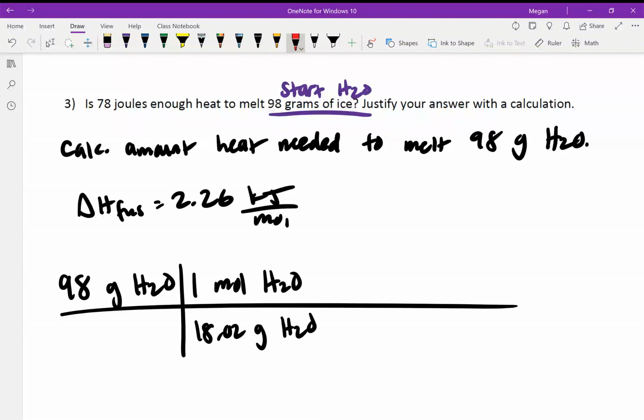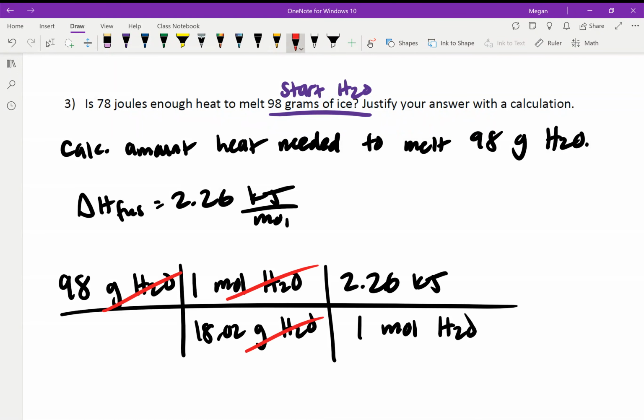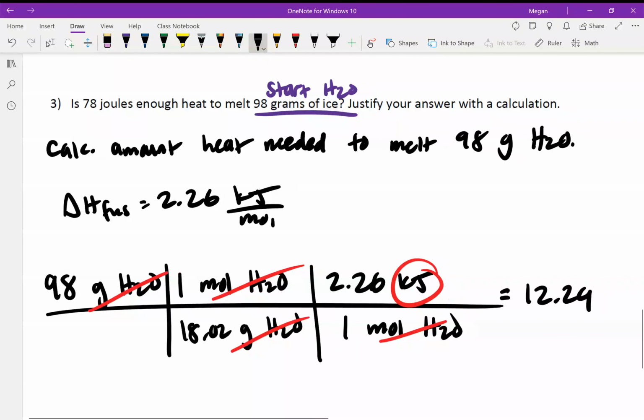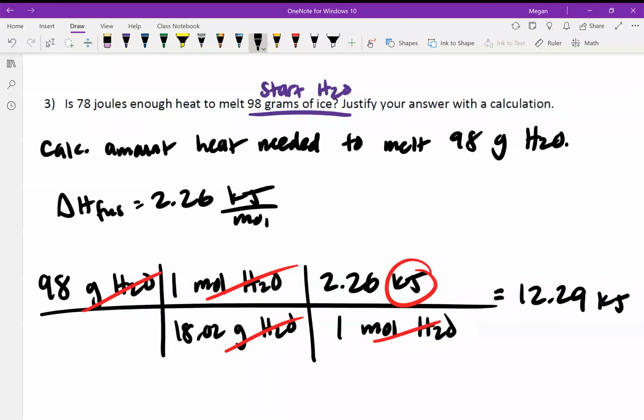Grams cancel. Then convert over to kilojoules, 2.26 kilojoules for every 1 mole of H2O. Moles of H2O now cancel, and you have kilojoules. So we quickly calculate that. 98 times 2.26 divided by 18.02. 12.29 kilojoules are needed.